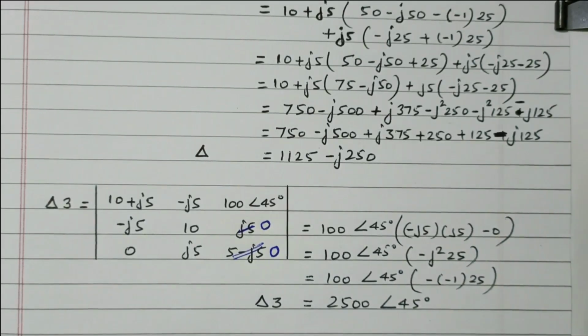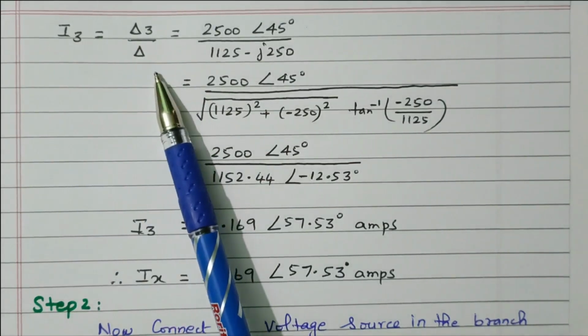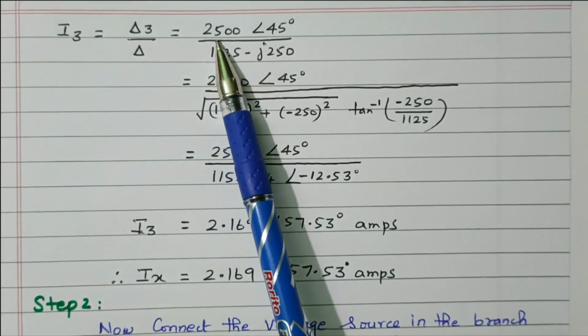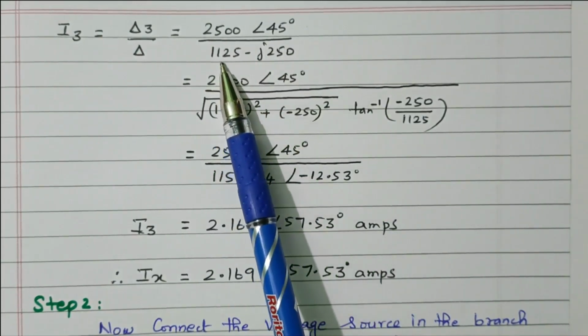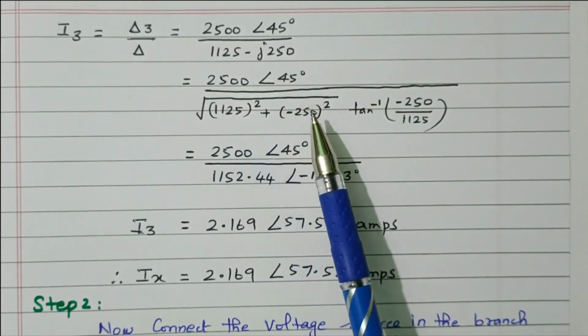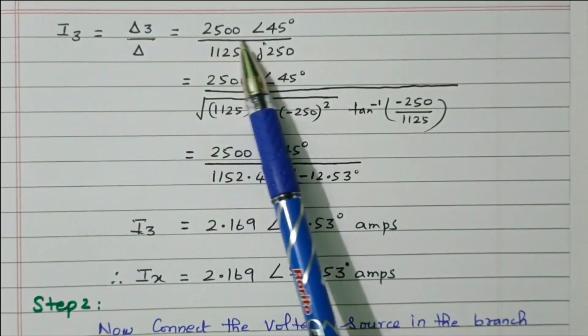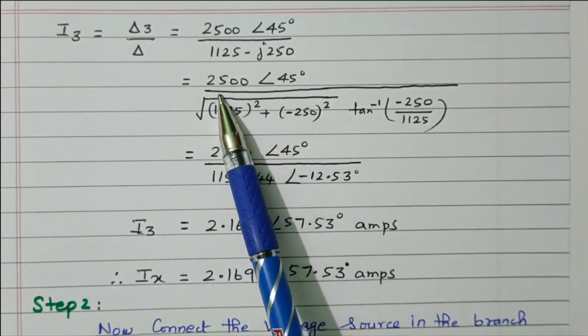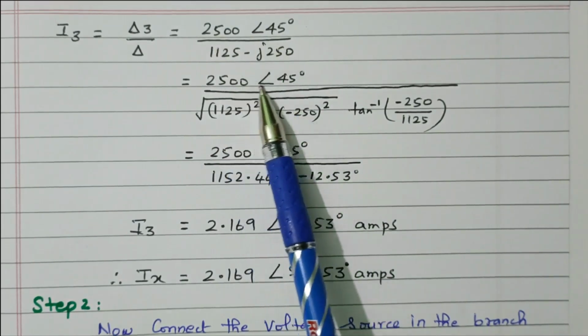Now we'll find the I3 value. So I3 equals delta 3 divided by delta. Delta 3 is 2500 with an angle 45 degree. Delta value is 1125 − j250. For the division, we need to divide this. Further, the polar form is needed.